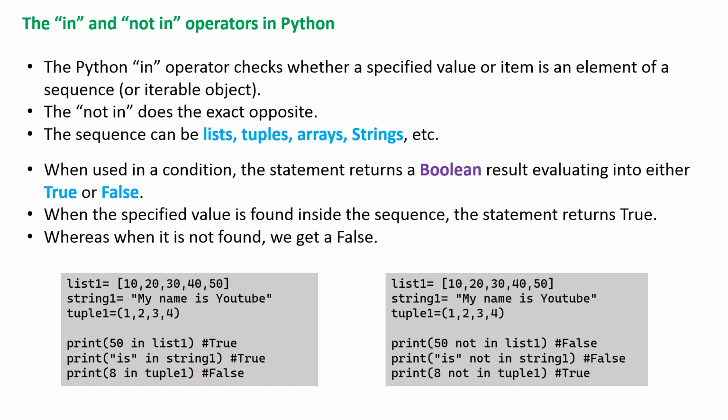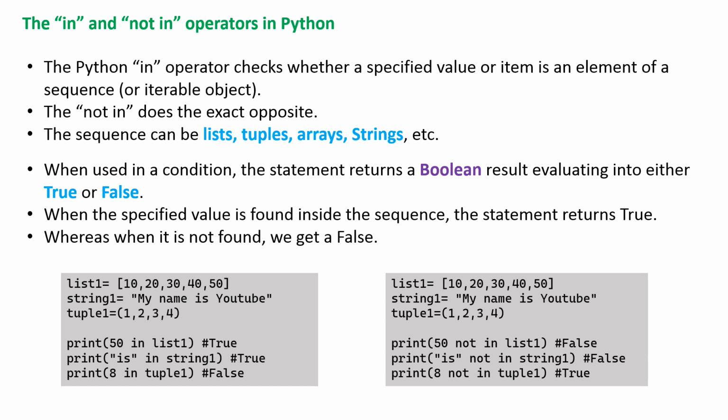And the not in, as the name suggests, does the exact opposite. When we use in and not in operators within a condition, it returns a value type, and the value type is a boolean. So this essentially means it returns either true or false. Now, if we are using the in operator and that specified value is found within, let's say, a list, then that statement returns true.